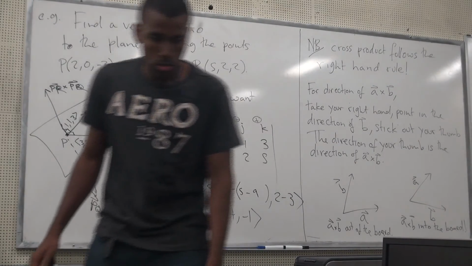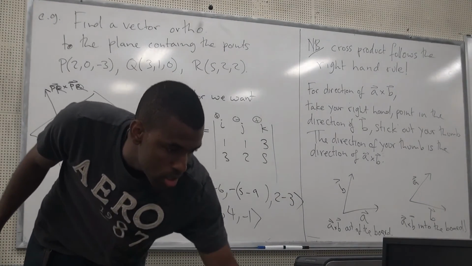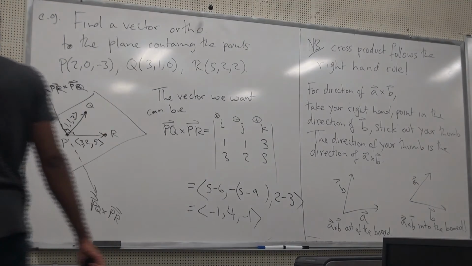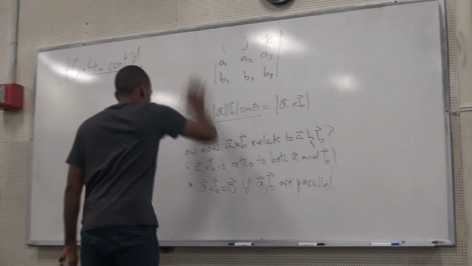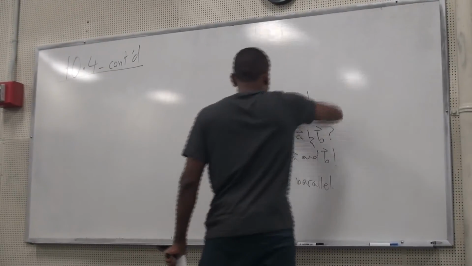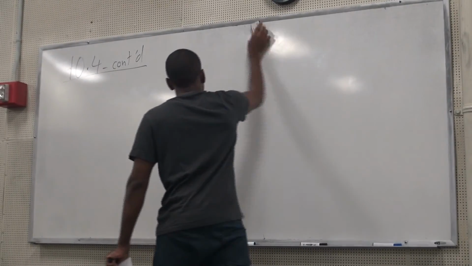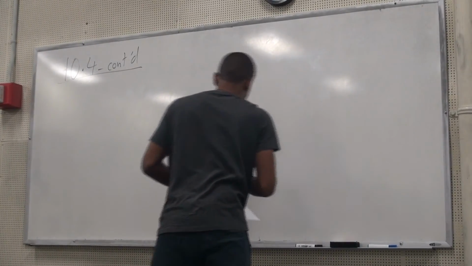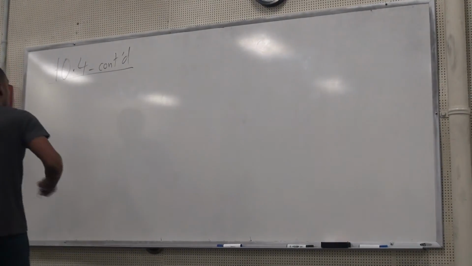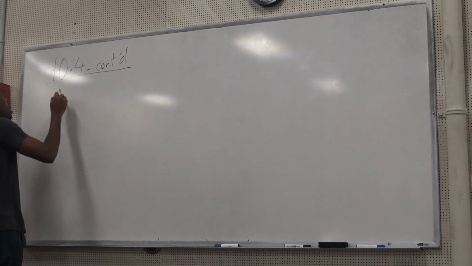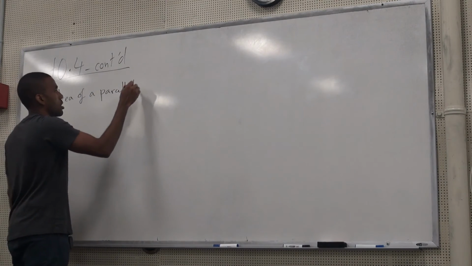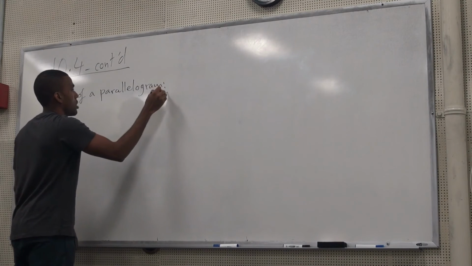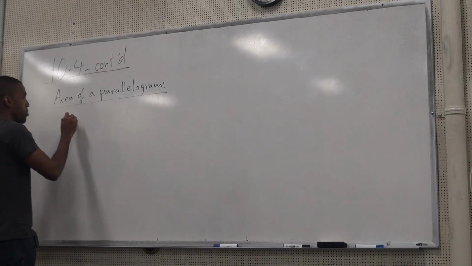Okay, let's move on. What's the next thing I wanted to tell you? Some geometrically useful properties of the cross product. Say I have a parallelogram.